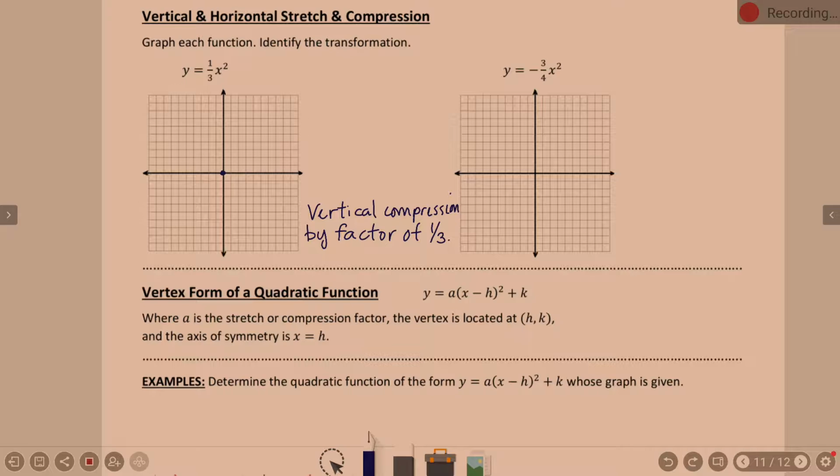I don't have a good shortcut for you. Okay? So I'm going to suggest we do an XY chart. Now, if you want to put your 0 in technically, we can put 0 in. But when you put 0 in, it's going to be 0, 0, and that's going to be your vertex.